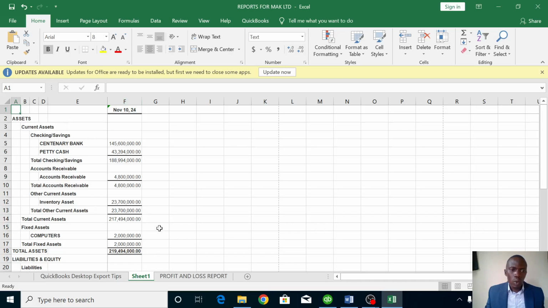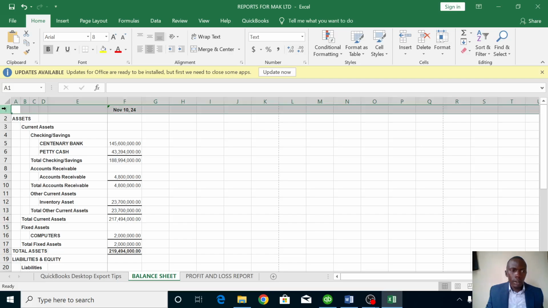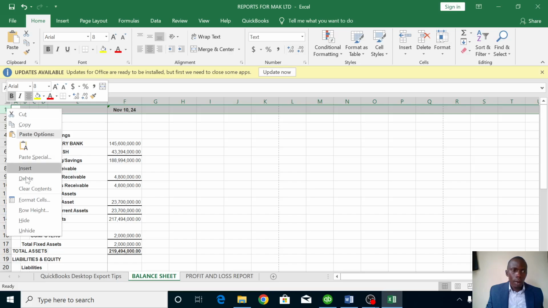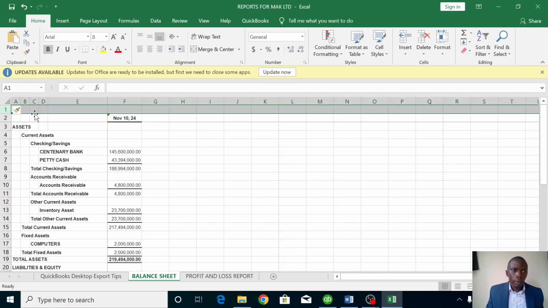So we are going to rename this sheet. We're going to rename it as balance sheet. That is our balance sheet. So we are done now. Now we can put our headings. We insert a row here.